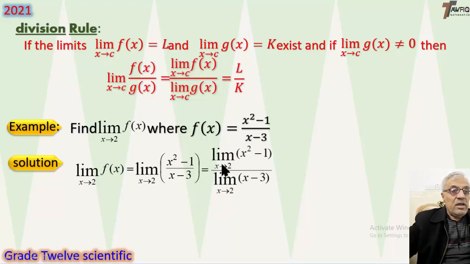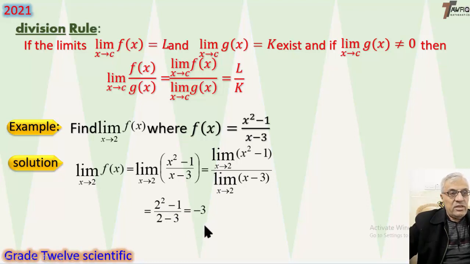Replacing 2 in place of x, it becomes 2 squared minus 1 over 2 minus 3, which is equal to minus 3.